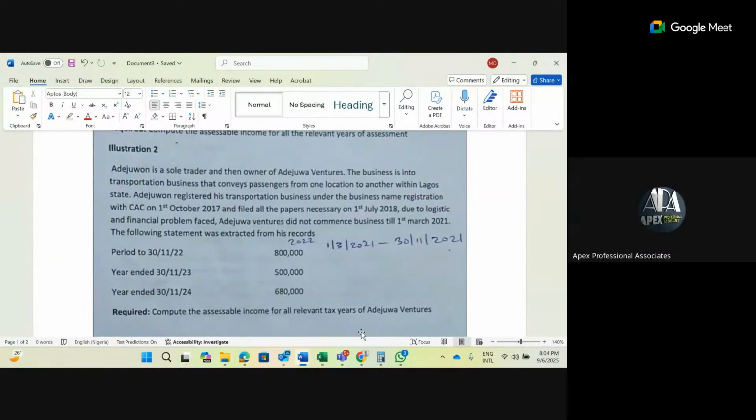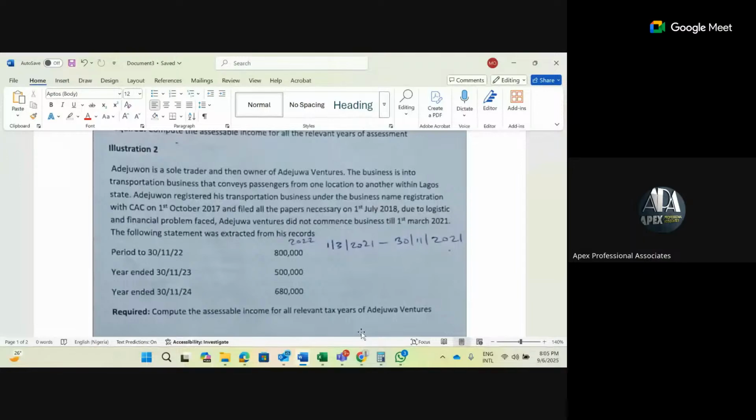Thank you. So look at this period. When did Adejuwa Ventures commence operation? 1st March 2021. Look at the first accounting year end they gave to you.